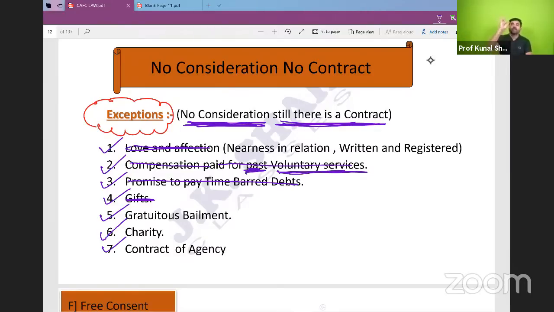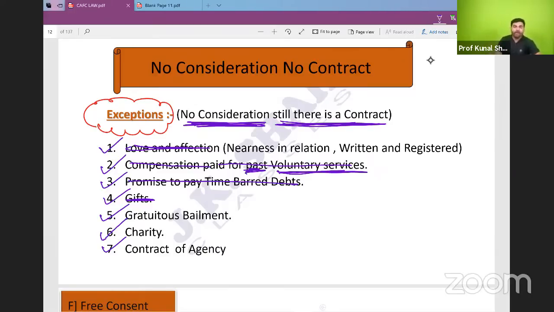Sir, when will a law declare a debt to be dead? When the aggrieved party does not take a course of action within 3 years.